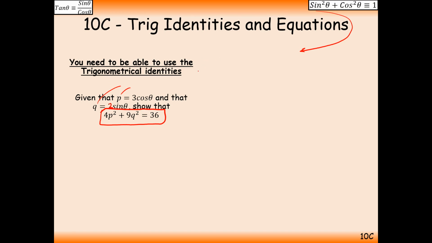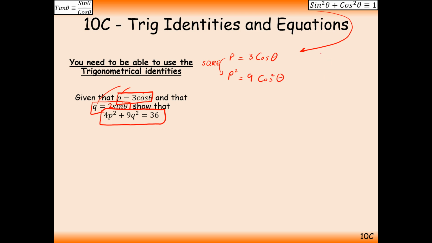If I square both sides of this equation here, I'm going to get cos squared, and if I square both sides of this second equation, I'm going to get sine squared. So I'm going to copy that 3 cos theta here, and I'm squaring both sides. This is something you're allowed to do in maths. Here we have p squared equals 9 cos squared theta.